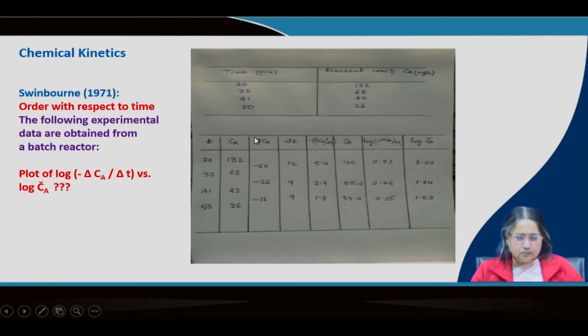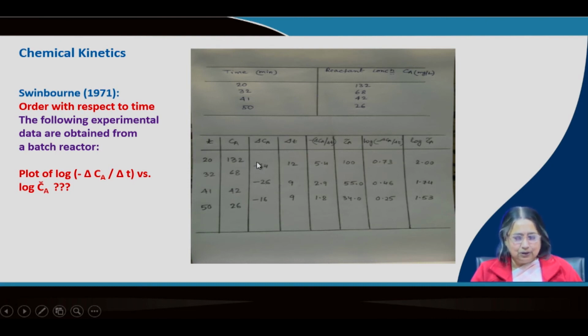Then you have to make a table to show the data. This is the time column, these are the times that you get from here, and these are the Ca values.